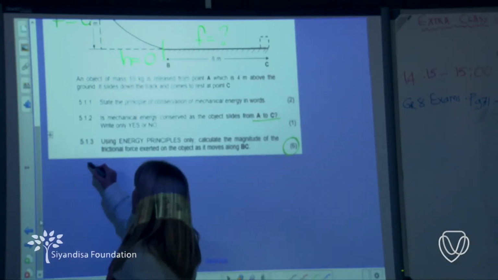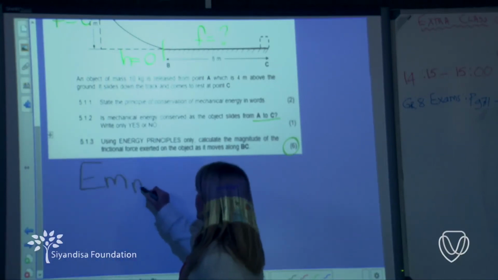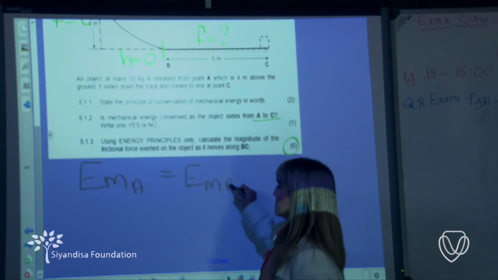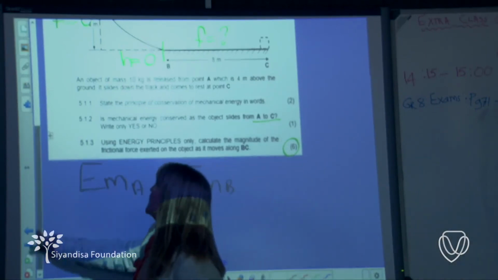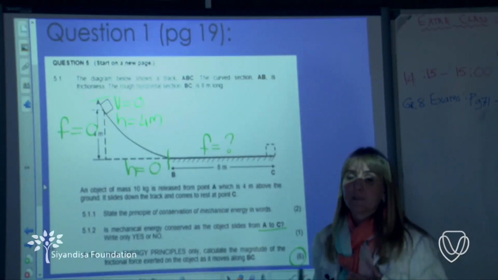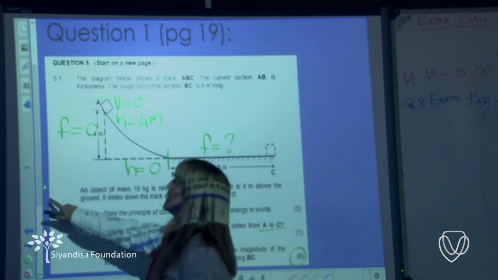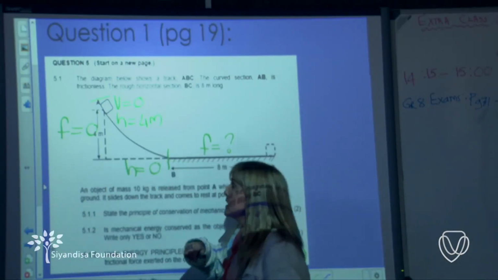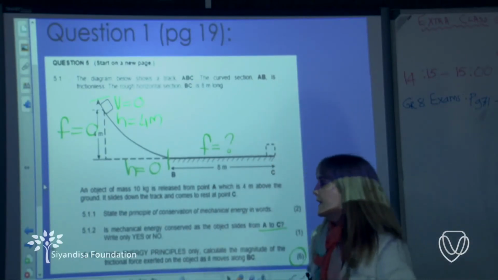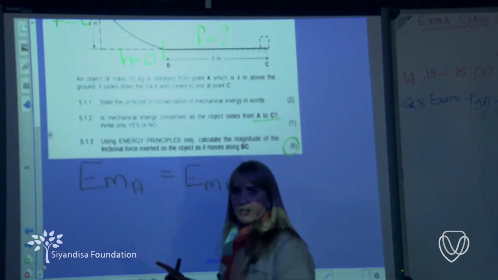So we know that the mechanical energy at position A is equal to the mechanical energy at position B. How do we know that? Because between A and B, there's no friction, which means that we are dealing with an isolated system. So between A and B, we do have an isolated system, which means that we can use conservation of mechanical energy in section A to B. But what is mechanical energy?